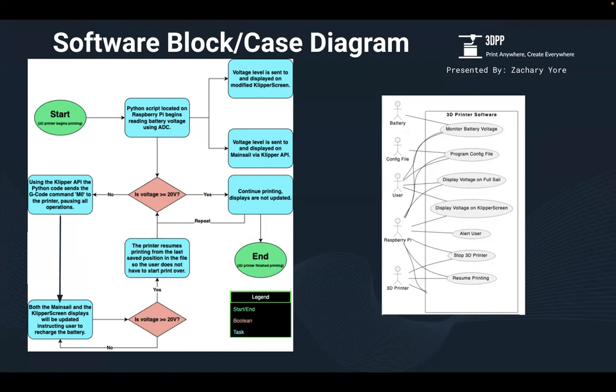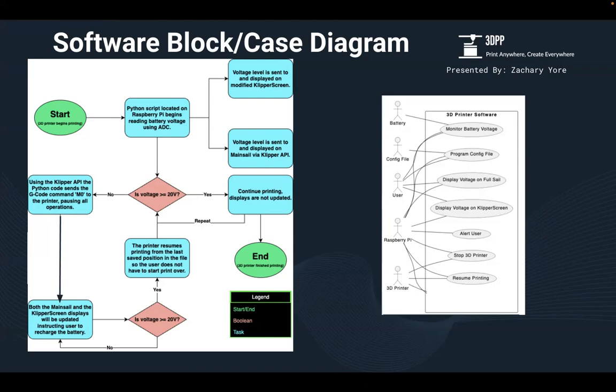You'll have KlipperScreen, which is kind of a second firmware we're using, but it's only used for the touchscreen display. So you see the voltage on KlipperScreen, which is the touchscreen, as well as the WebSocket API, which is when you log in using a mobile device.